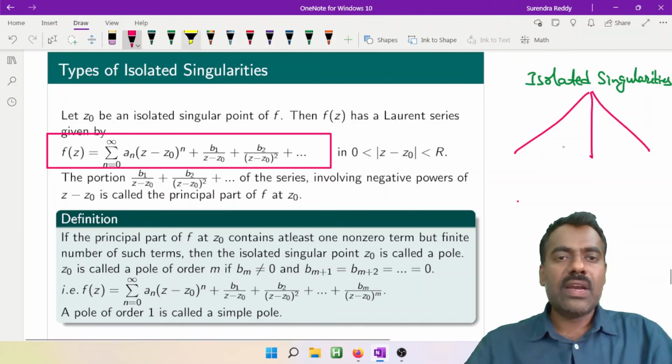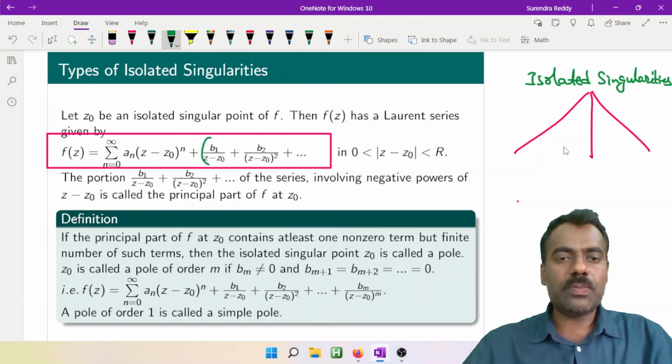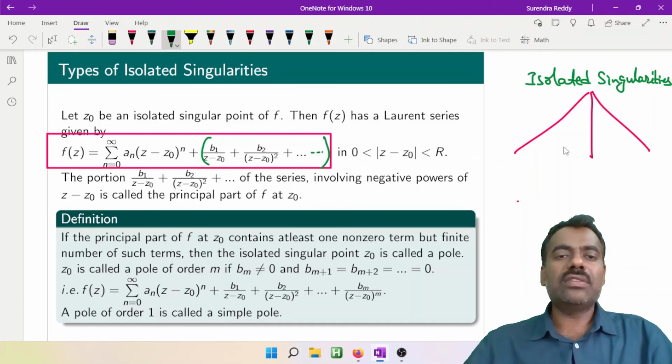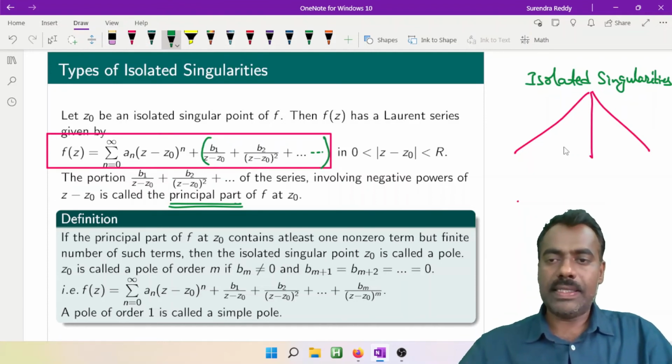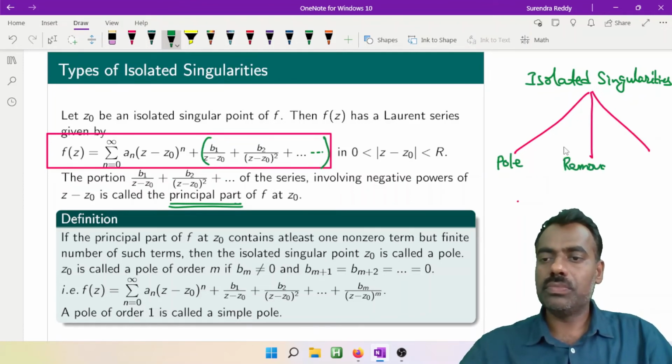In this, the terms with negative powers of z minus z naught, this part, we will call the principal part. Okay, so depending on this principal part, we can classify these isolated singularities. They are called a pole, a removable isolated singularity, and an essential singularity.